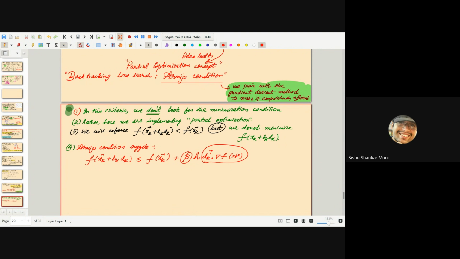This is an efficient condition to check. If you use this condition, then you will prevent updating h at every step, therefore we use it. But we are not going into detail on how to derive this condition. It was derived by Armijo, we are just knowing it.